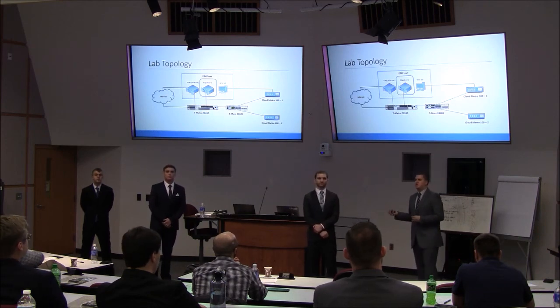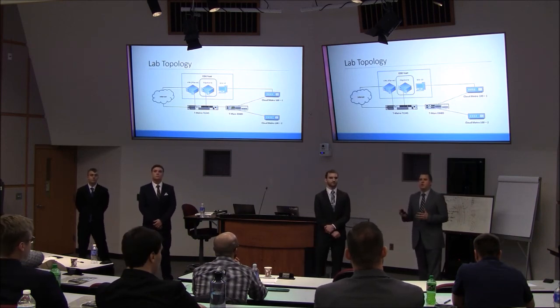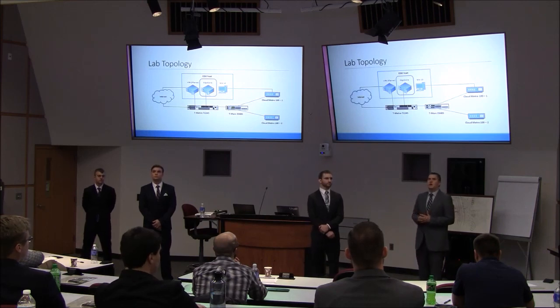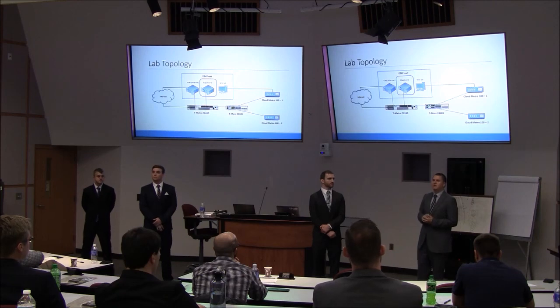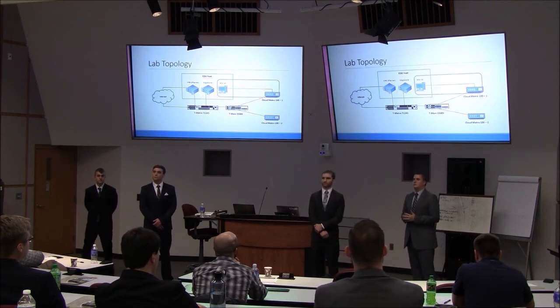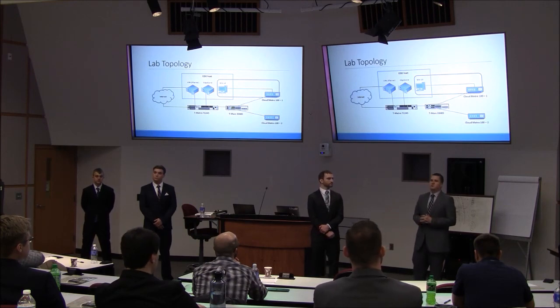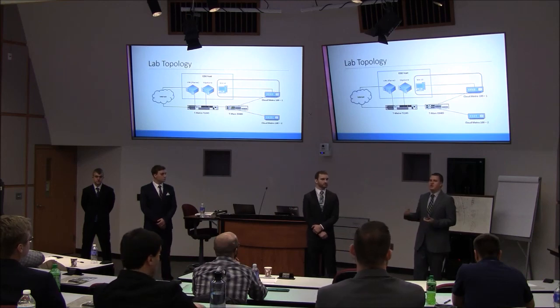Like Matt said, this is the central location for all the management of everything. And this is actually running on an Ubuntu desktop, and then the application is just installed on top of that. The last thing I want to point out is the Windows 10 machine here that's connected into the Cloud Metro. We use this for customer-side testing, so we can actually verify that the VNF is configured correctly, giving out DHCP, DNS, and the customer can get out to the internet.